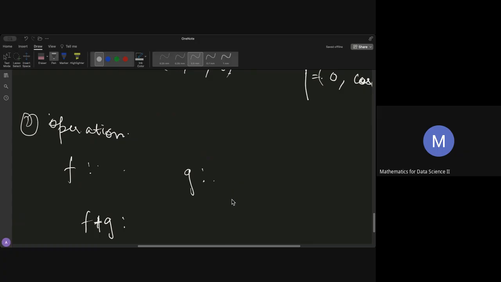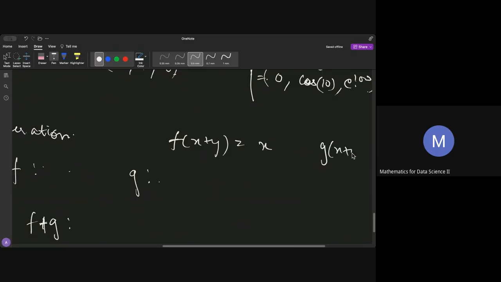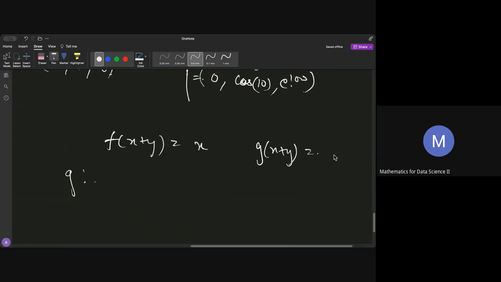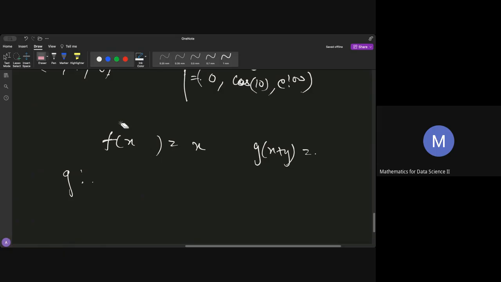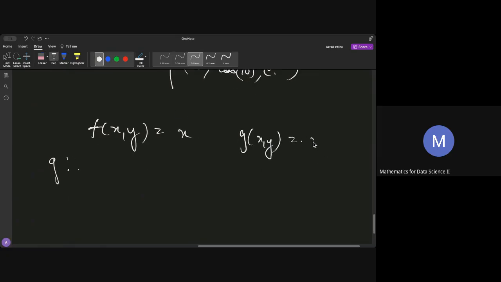Let's say I have f of x, y equals x, and the other function g of x, y equals x plus y, x.